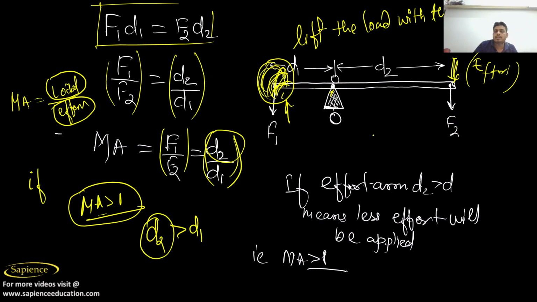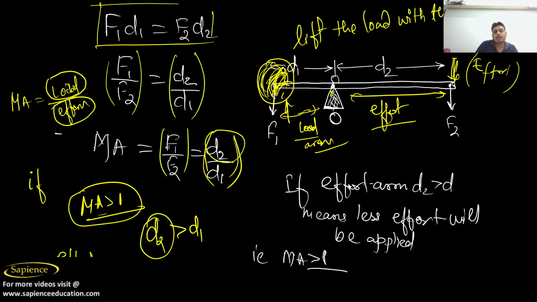This d2 is known as the effort arm, and this is your load arm. So the load arm should be less and the effort arm should be more. In this situation you will be able to lift a very heavy load easily. This is the basic fundamental thing, that the effort arm should be greater than the load arm. I hope you have understood now.